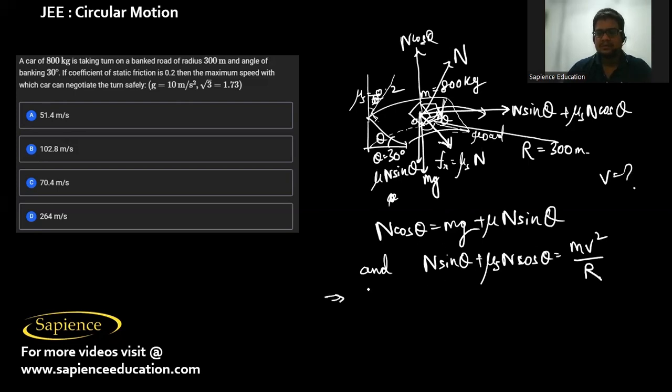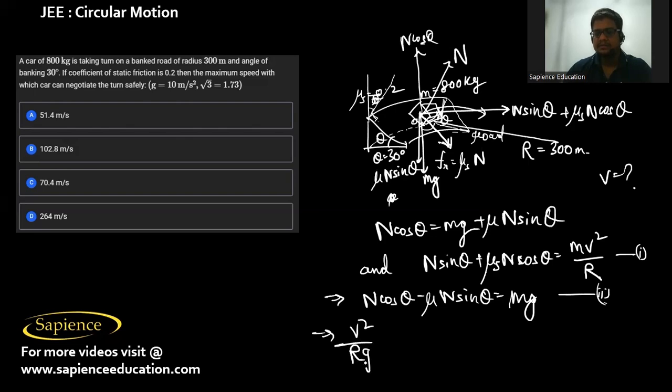So then from here we can see that N cos theta minus mu N sin theta will be equal to mg. Now if we divide the first equation by the second equation, then we will get v square by rg, that will be equal to, this N will get cancelled, sin theta plus mu s cos theta by cos theta minus mu s sin theta.